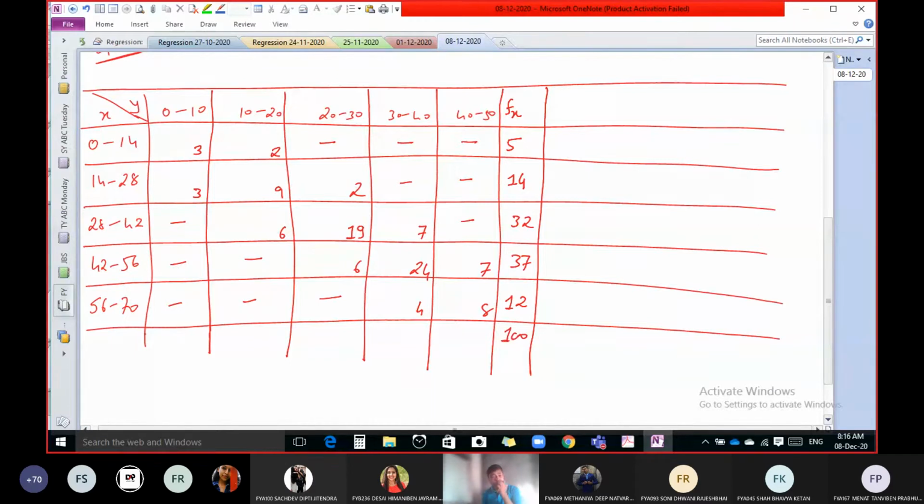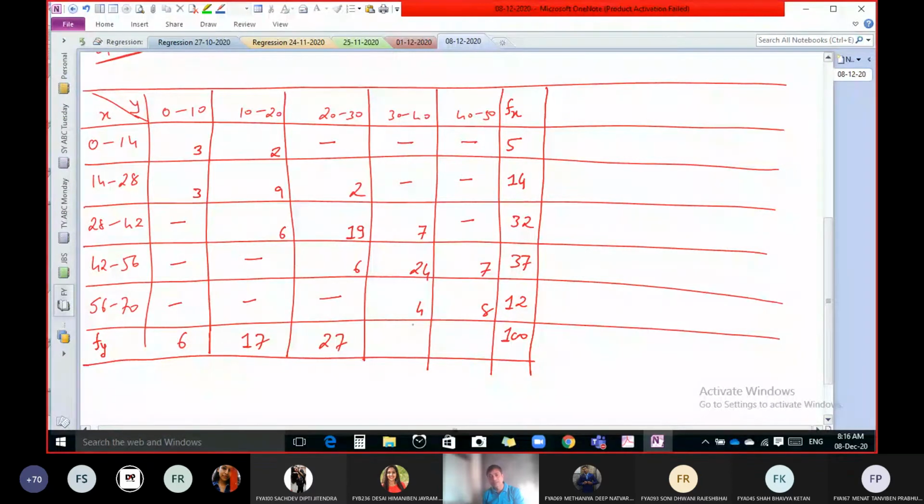Now can you tell me how many students have marks between 0 to 10 in statistics? 6, sir. So you have to write this is the frequency of y. Here the total of this is 17, 27.